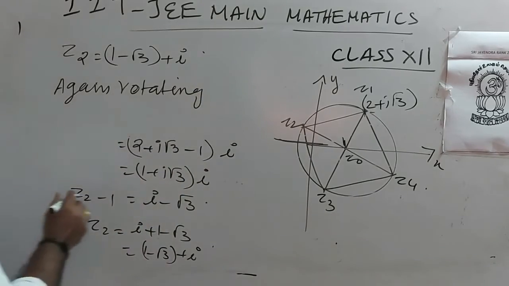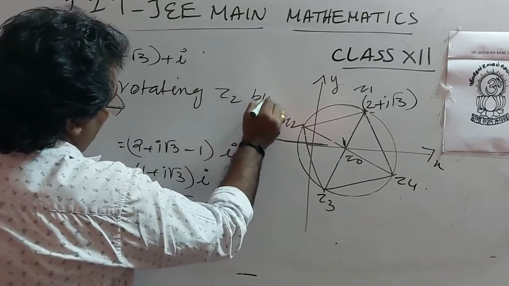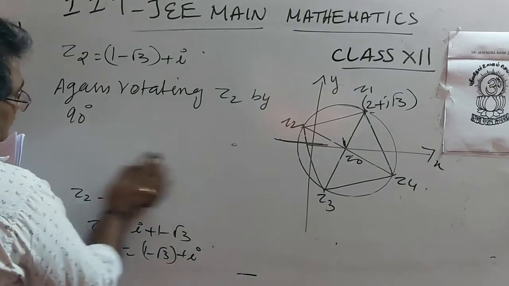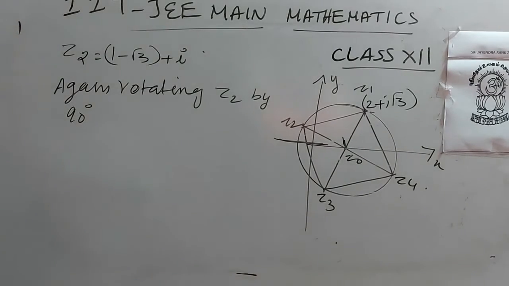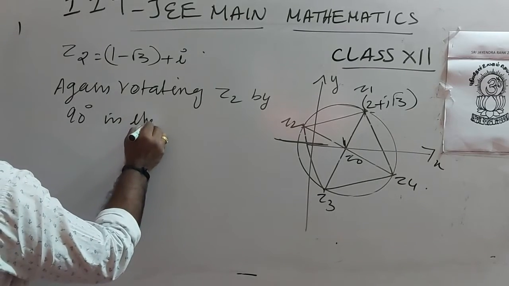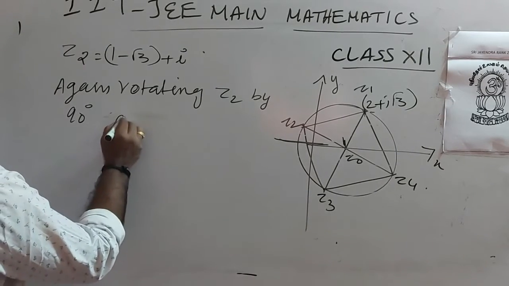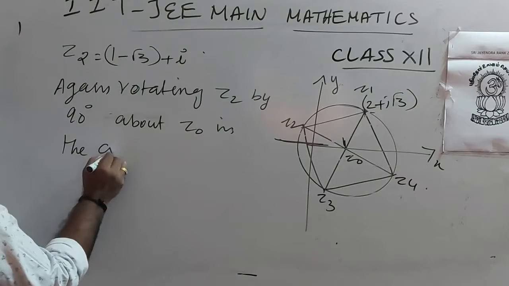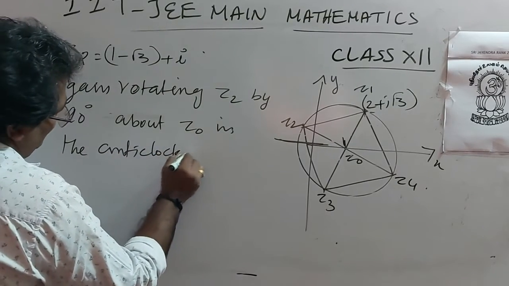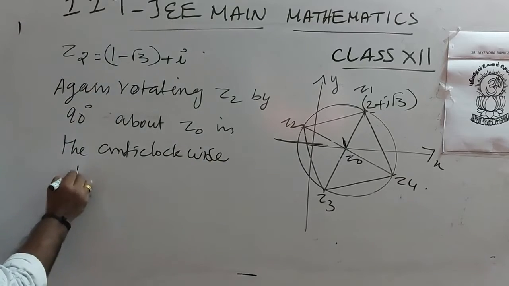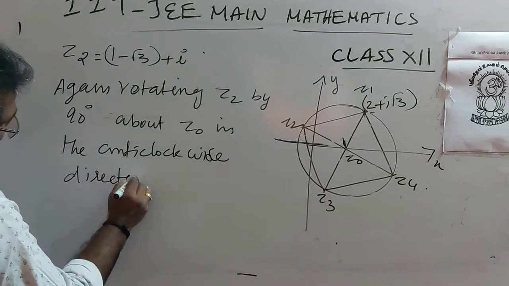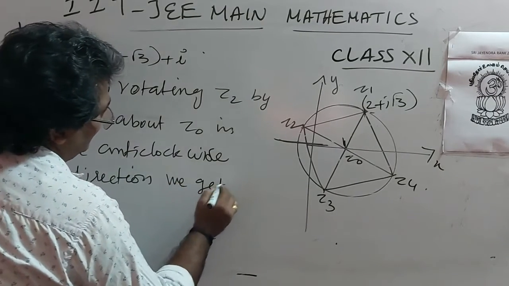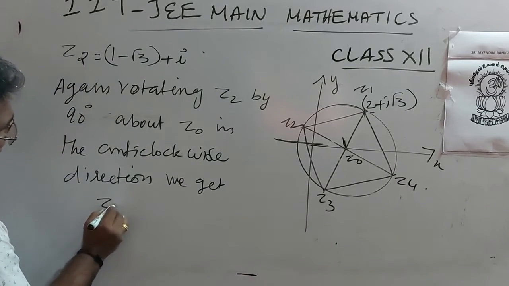Again rotating this Z2 by 90 degree about Z0 in the anti-clockwise direction, we get this point Z3.